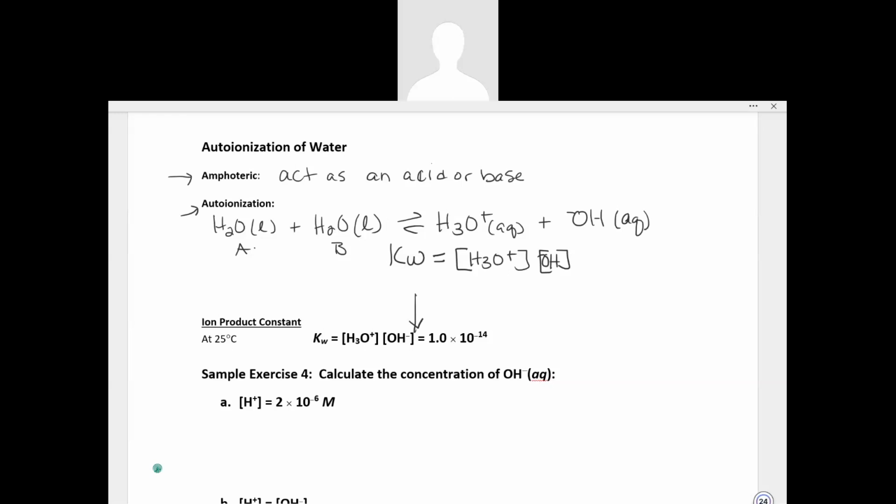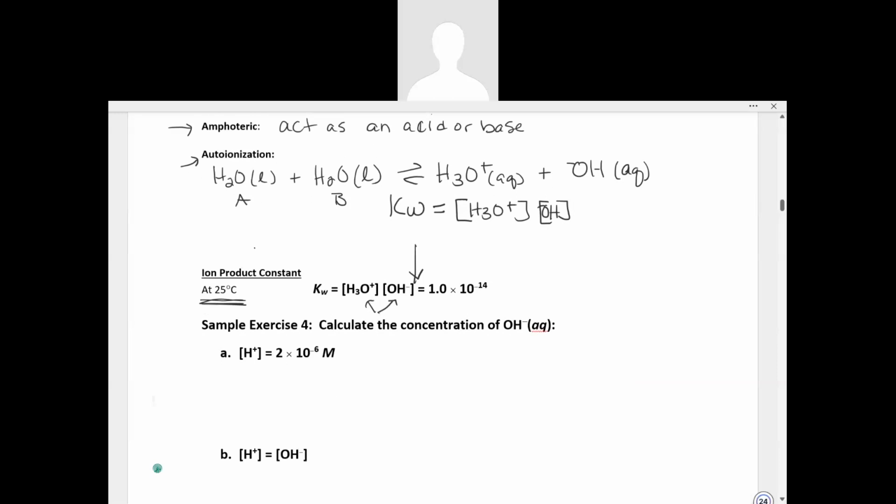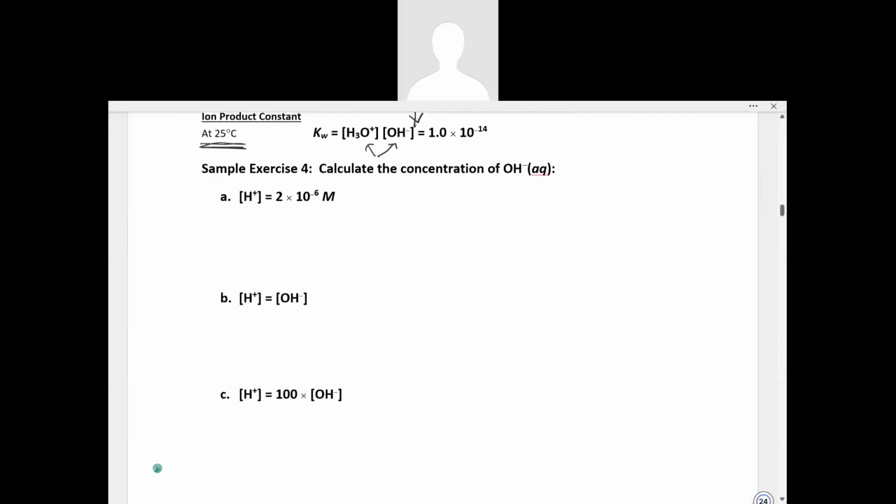This is equal to 1 times 10 to the negative 14th. So again, the product of these two concentrations of ions, hydroxide and hydronium, will give you that 1 times 10 to the negative 14th, specifically at the temperature of 25 C. This can change at variable temperatures, but for our purposes, just assume that we're at room temperature.